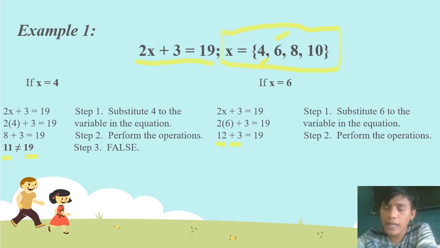The right side is still 19. Step 3, 12 plus 3 is 15, and our right side is 19. As you can see, they are not equal. Therefore, 15 is not equal to 19, so it is false.